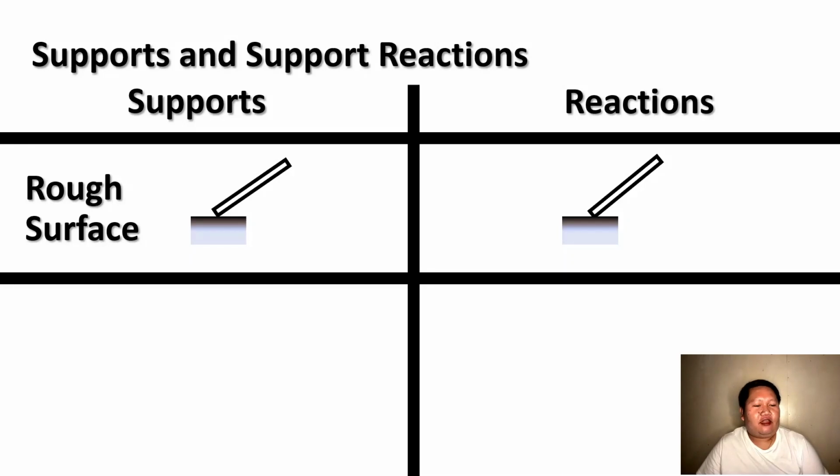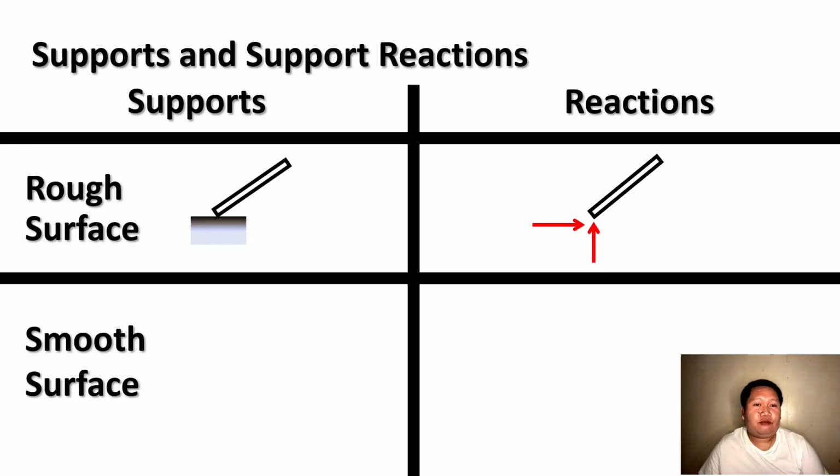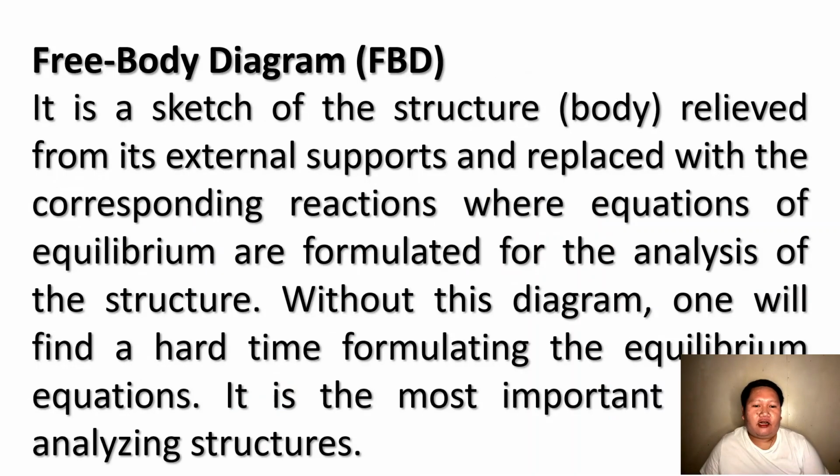There would be the normal as the vertical and the horizontal as the resisting friction, so there would be two reactions. And for a smooth support, it's going to be only the normal force, perpendicular to the line of action, or vertical. So those are the supports.